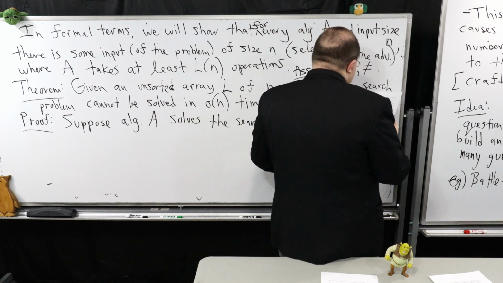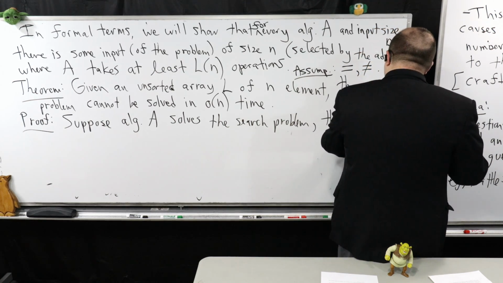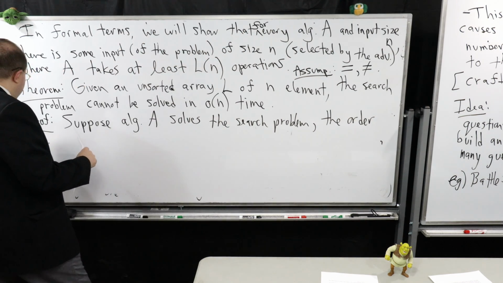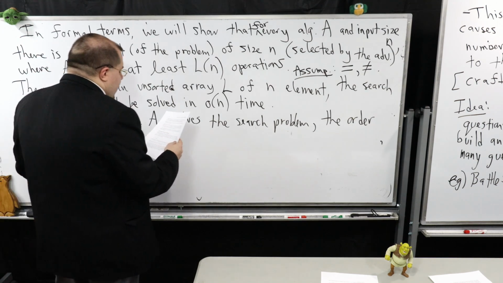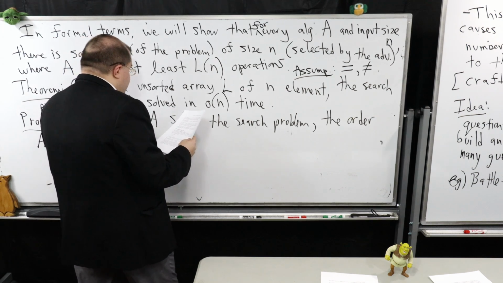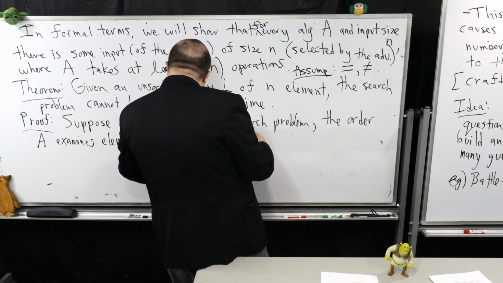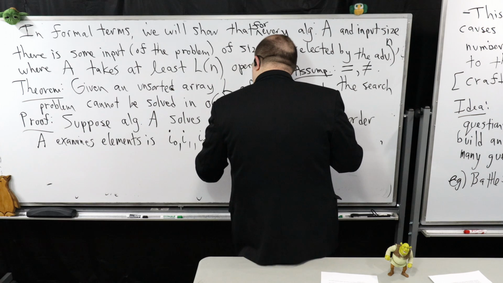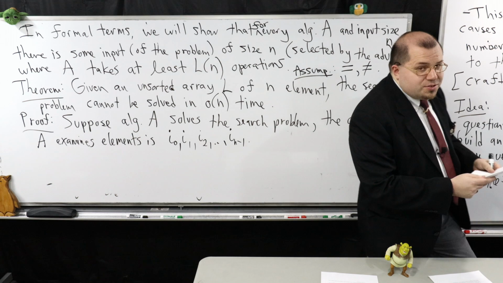The order in which A examines elements is, I'm going to give them names. I'll call them I sub 0, I sub 1, I sub 2, all the way up to I sub n minus 1.